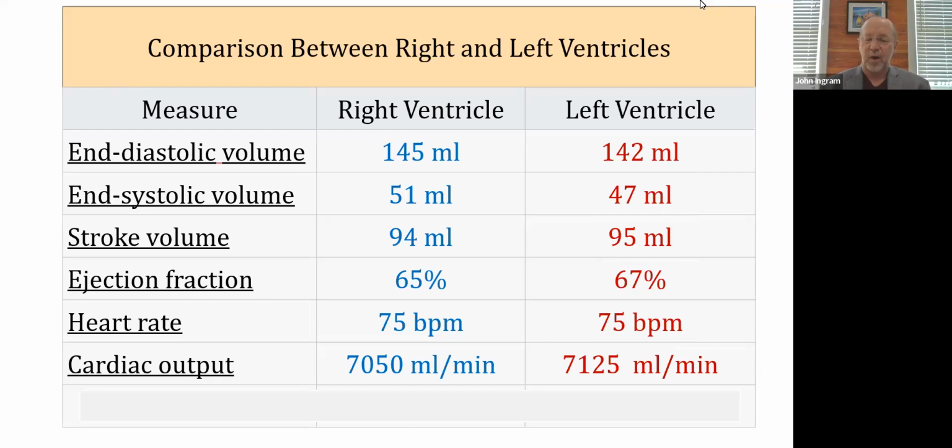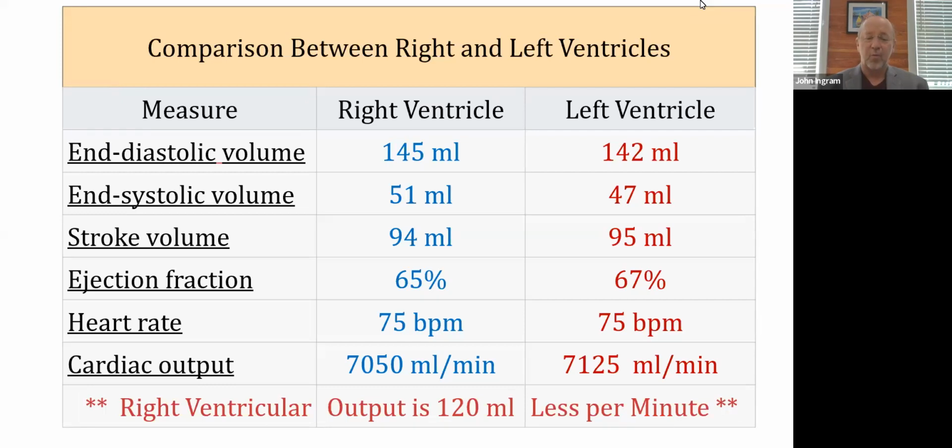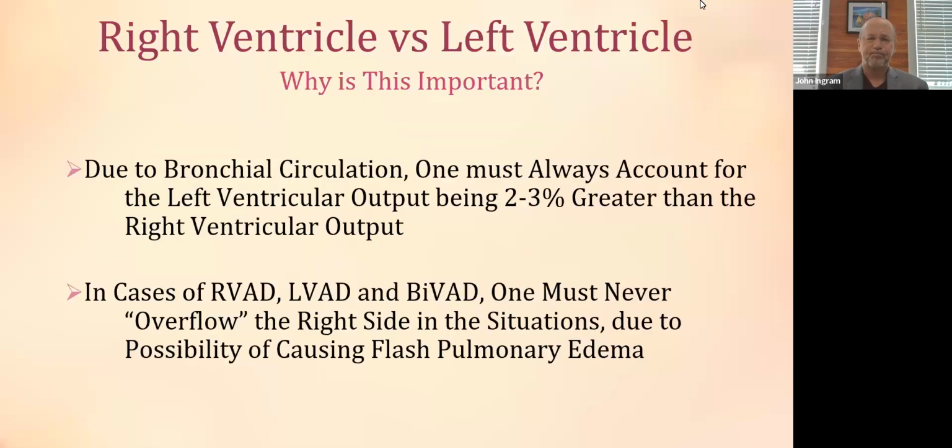If you look at the heart rate of 75 beats per minute again, this gives the left ventricular output of 7,125 cc's per minute, meaning that the right ventricular output is actually 120 cc's less per minute, or conversely, the left ventricular output is 120 cc's greater per minute. So they are not the same.